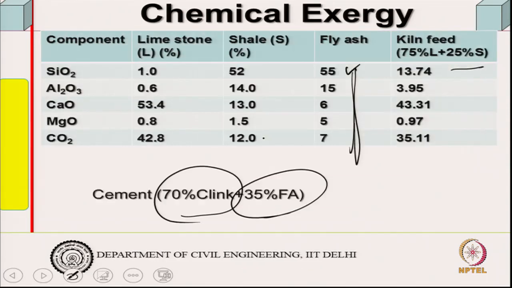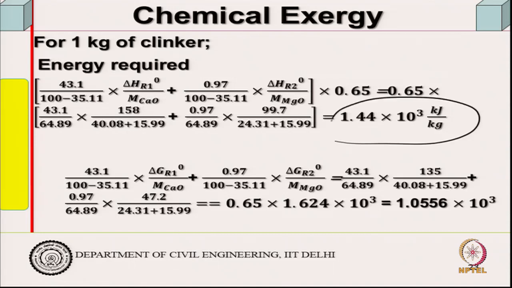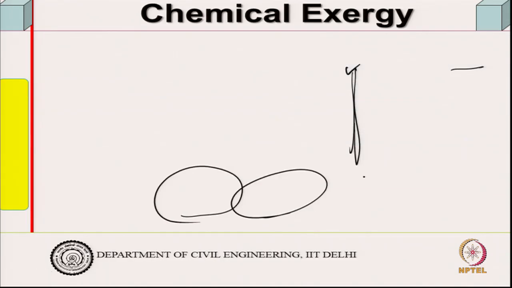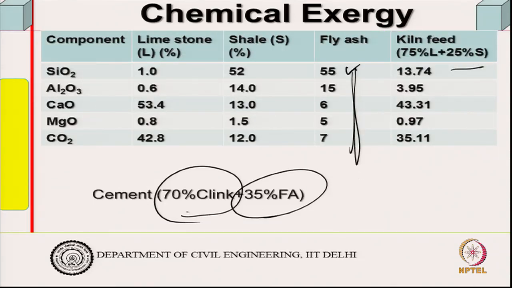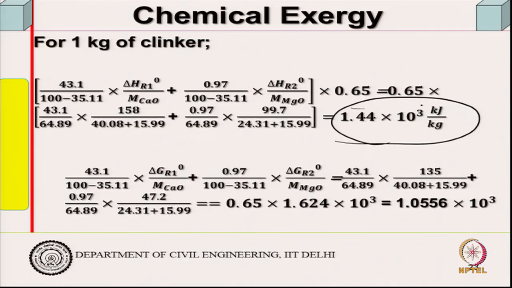So, when you use such materials as fly ash, obviously your energy required will be reduced. So, you can see that it is, how much was the percentage? I said 65 and 35. So, I multiply everything by 0.65.